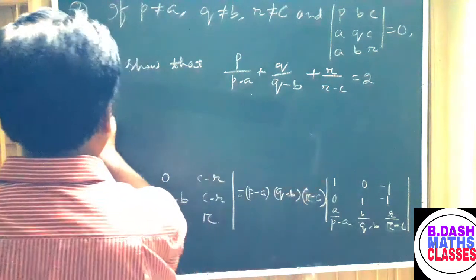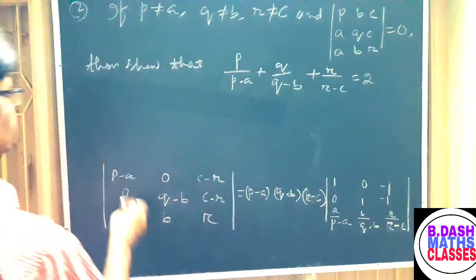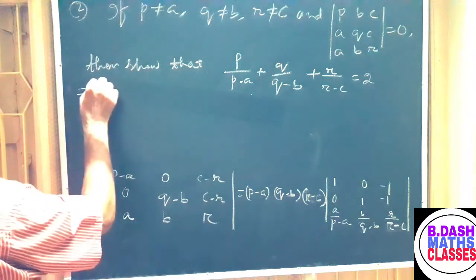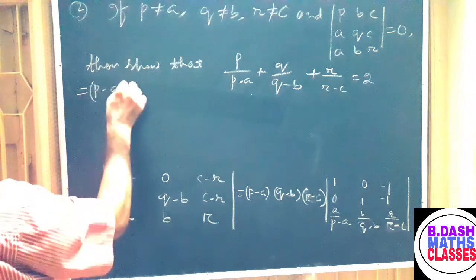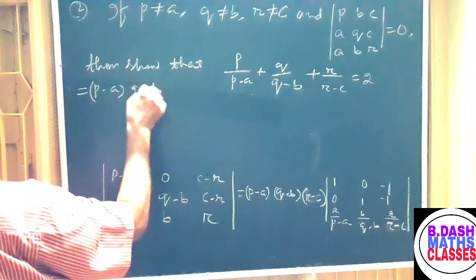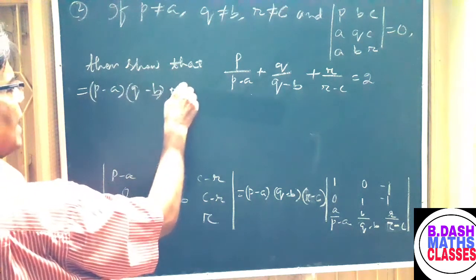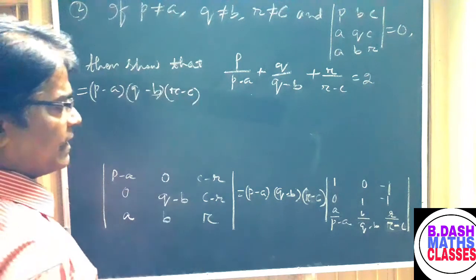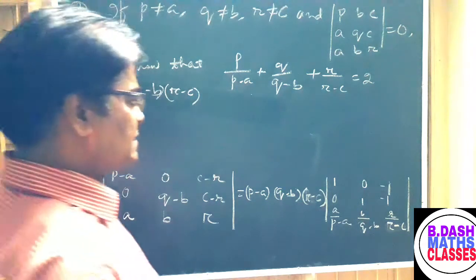Now let us expand this determinant P minus A, Q minus B, R minus C by taking the first row.